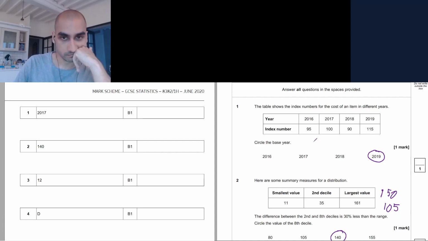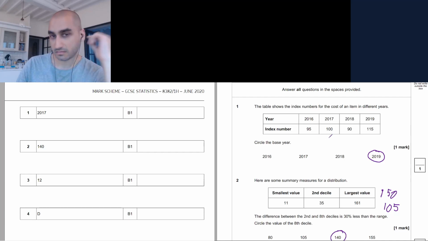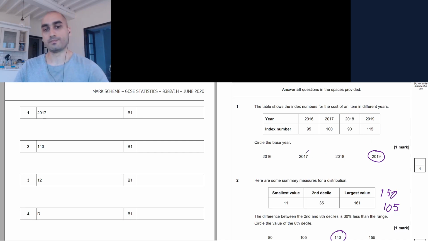I mean, looking at that, my gut feeling is whatever base means, 2017 is the base, but I can't think of any simple measure to go by for that. I don't know.